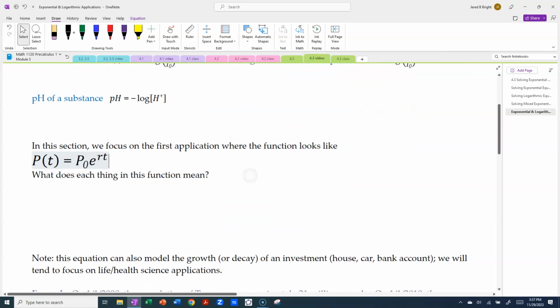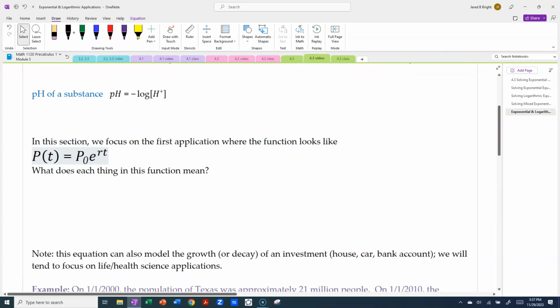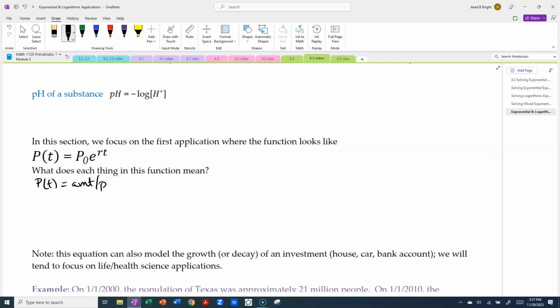All right, so just to recap here, P of t would mean your amount or population at time t. P naught would be your initial amount or population.